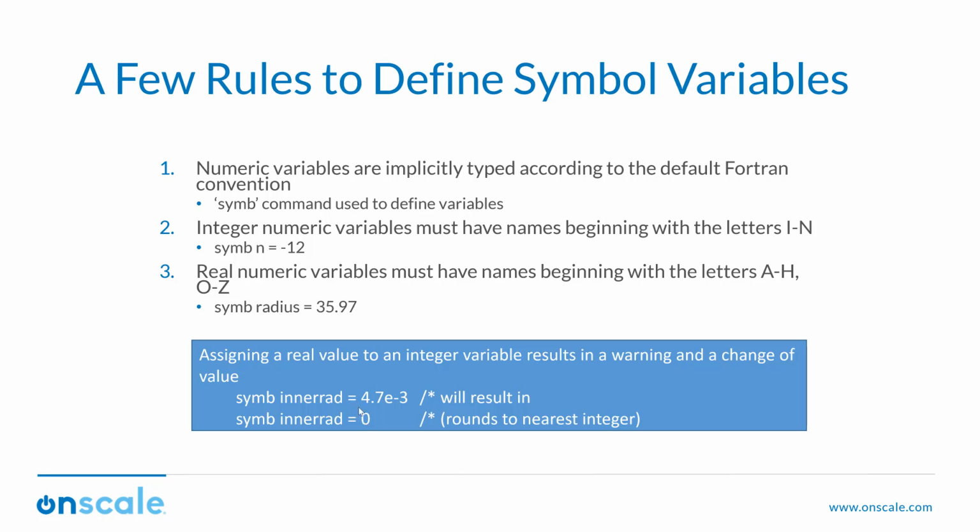Look at this small example. Here I have a variable called inner rad, and it starts with I. I want this value to be 4.7 power minus 3, but actually what the interpreter reads is 0 here. It rounds to the nearest integer. So be careful about that. This is a rule you really need to know about.